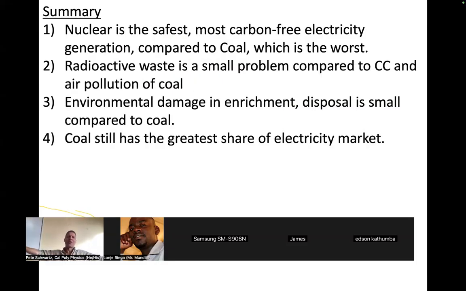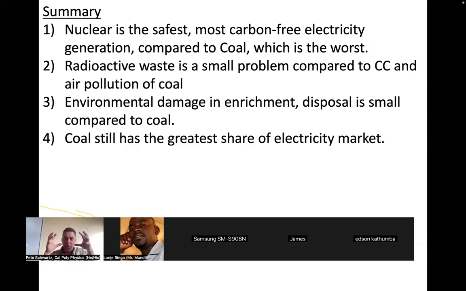So in summary, nuclear is beautiful, it's safe, and carbon-free compared to coal, which is the very worst. Radioactive waste is a problem you have to deal with, but not a big problem if you're careful. You damage the environment when you enrich or when you dispose of depleted uranium, but that's nothing compared to coal. One, the carbon dioxide. Two, the particulate matter in the air that causes pollution and causes cancer.